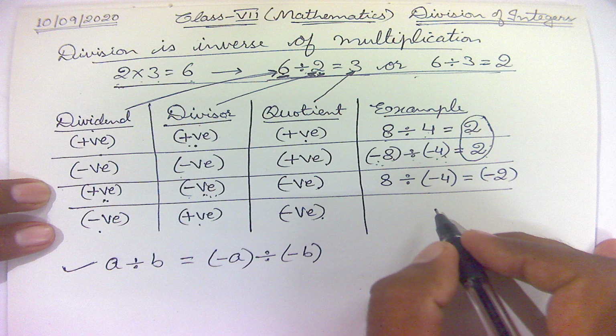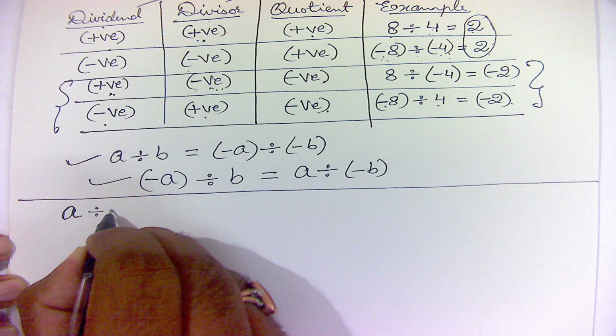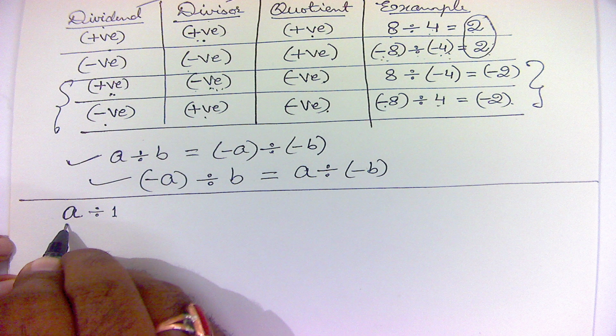Other than this, there is more to keep in mind while dividing. The simple point is that if you have any integer, say A, and you divide it by 1, A can be positive or negative. Whenever you divide it by 1, your quotient will always be the integer itself.